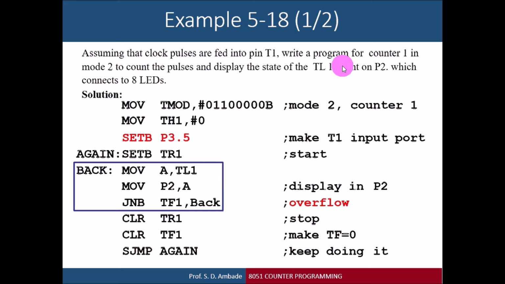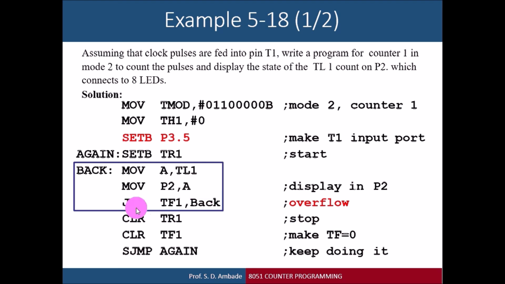The next instruction is MOV P2, A. Then the content of A is sent to port 2, where our 8 LEDs are connected. We have to send the status of TL1 to port 2. For that, we are using these two instructions, MOV A, TL1 and MOV P2, A.